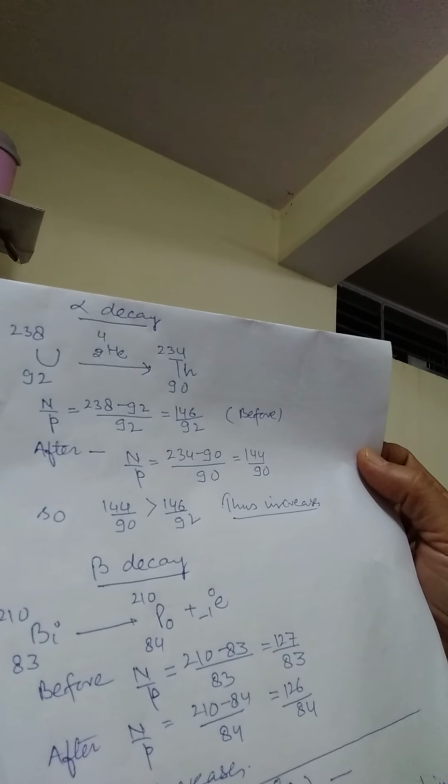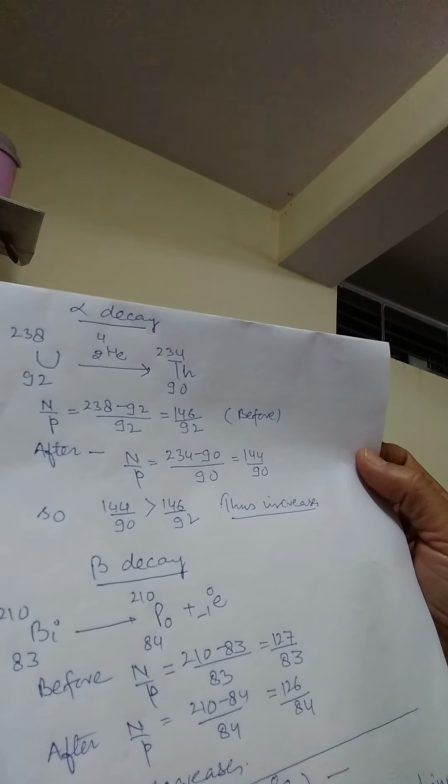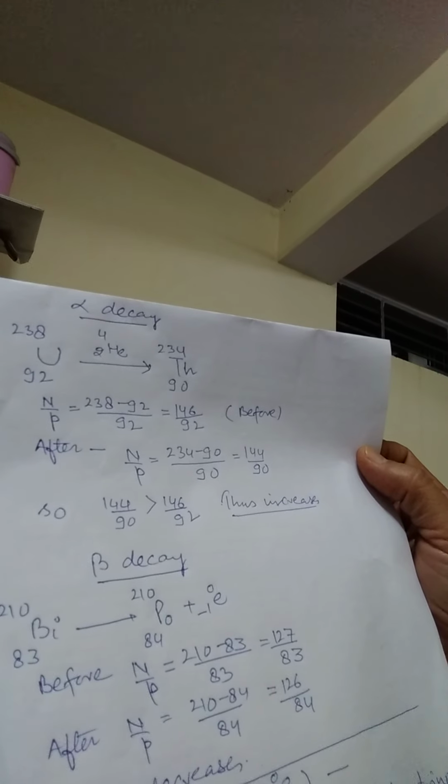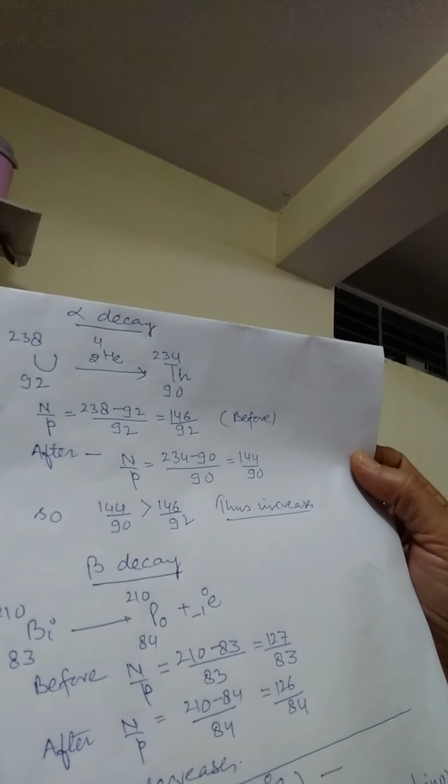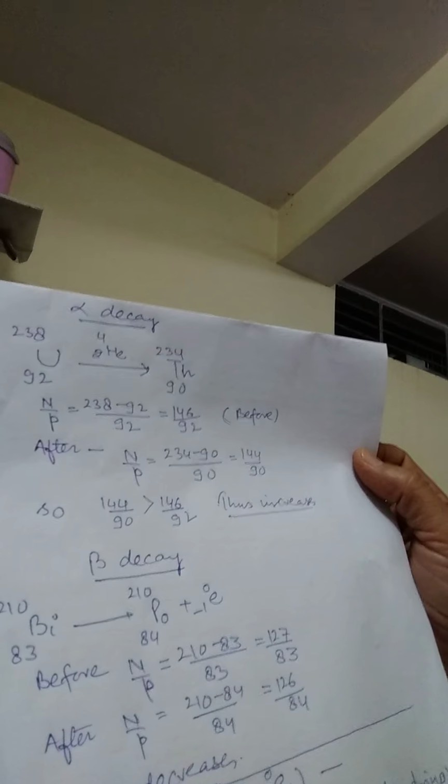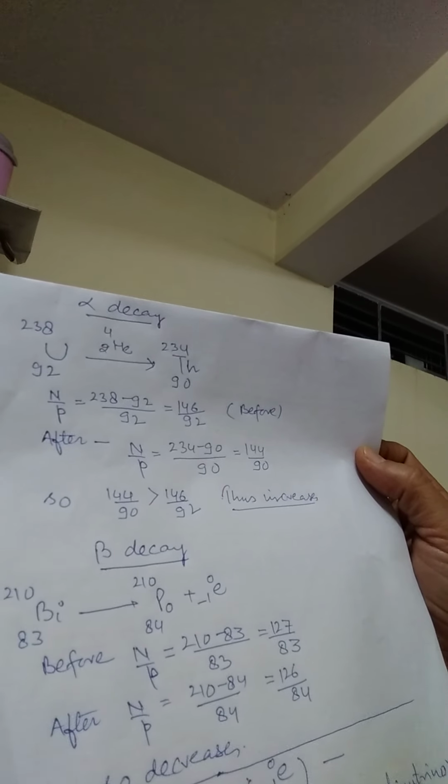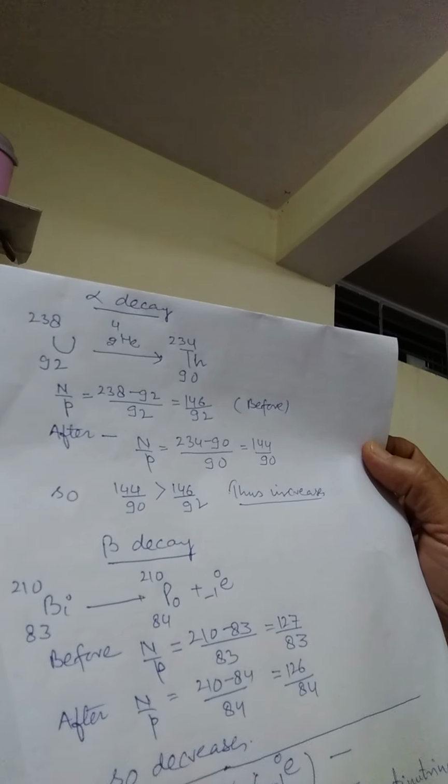So we are getting 144 upon 90 after decay and 146 upon 92 before decay. So we can say there is increase in neutron proton ratio.